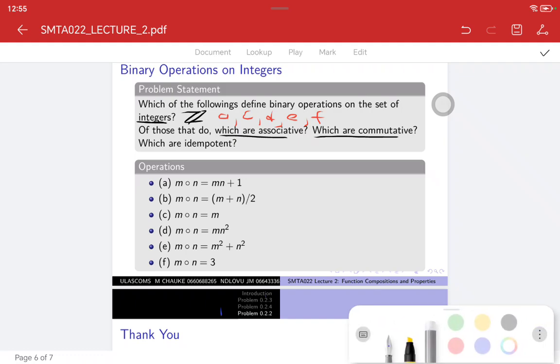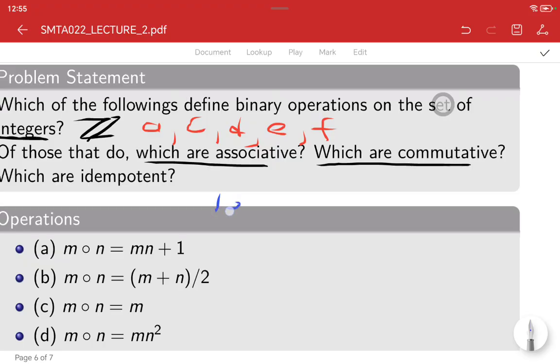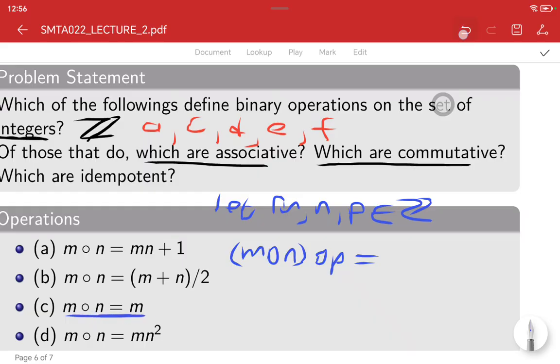Now we check associativity. We let three elements M, N and P be elements of the integers. And then we have M o N and N o P. Now check the definition.